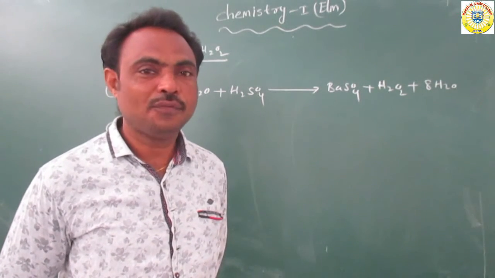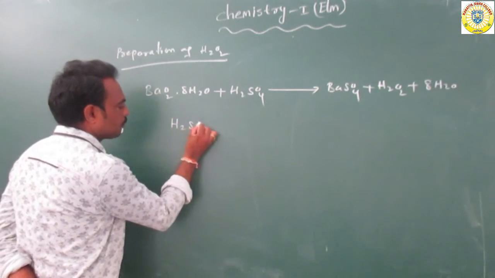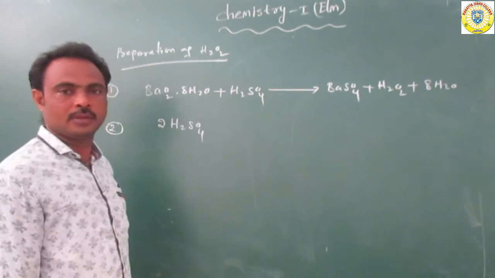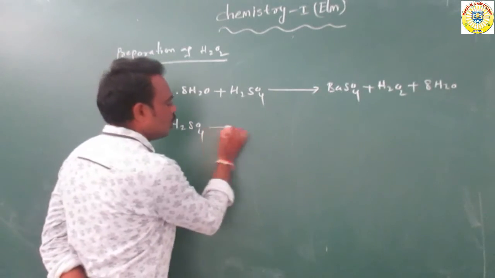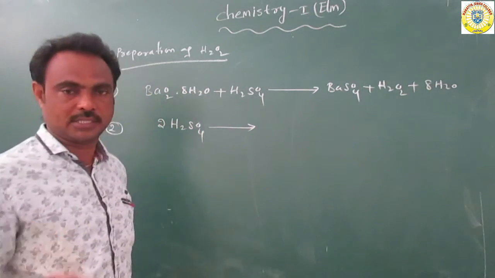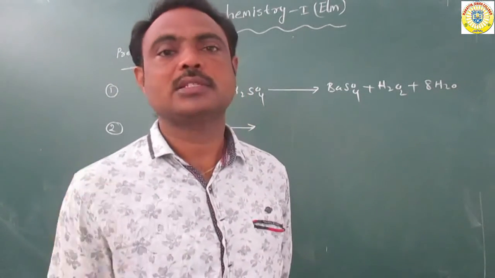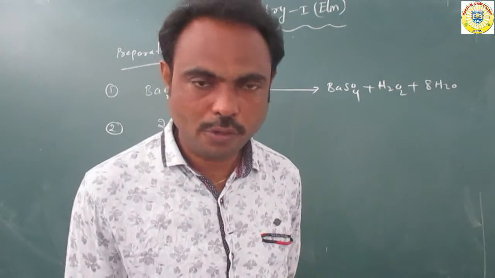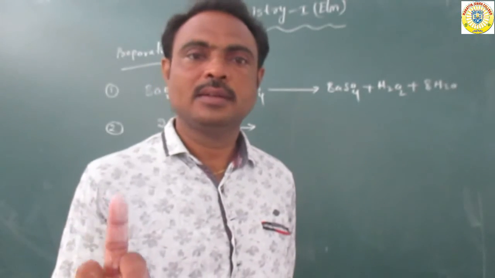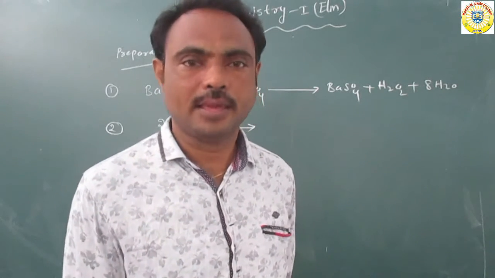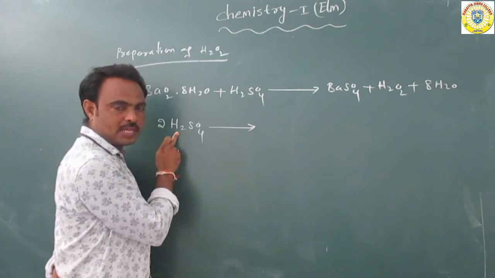When we take sulfuric acid and pass electricity through it, it is converted into two types of ions: one cation and a second one, an anion.